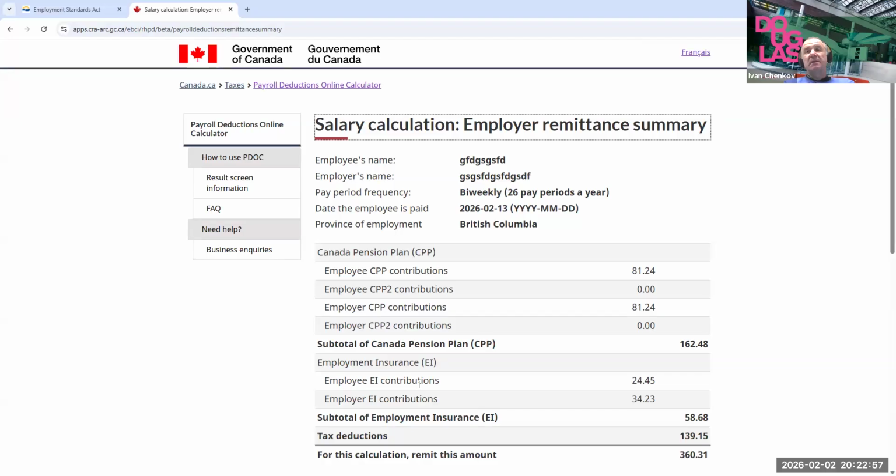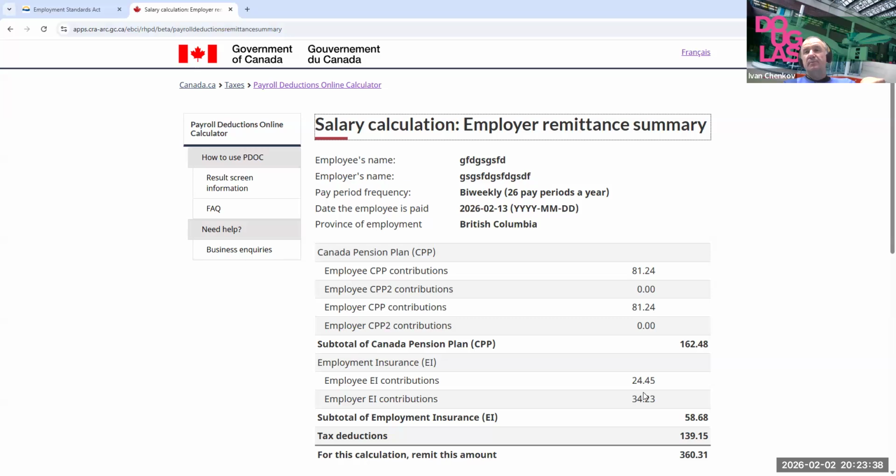Employer remittance, how much money the employer has to send to the government. The employer has to send to the government $81.24, the money that he gets from the employee. Plus, the employer has to add another $81.24 from himself to match the Canada Pension Plan contribution from the employee. In total, the employer has to pay $162.48 for Canada Pension Plan. Plus, the employer has to pay $24.45, which he deducts from the employee. Now he has to pay it to the government.